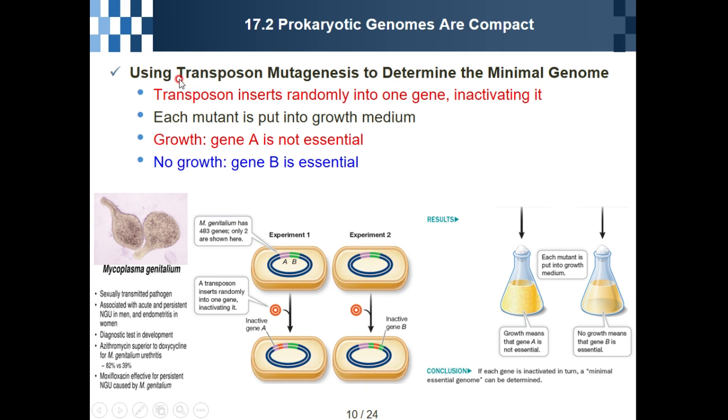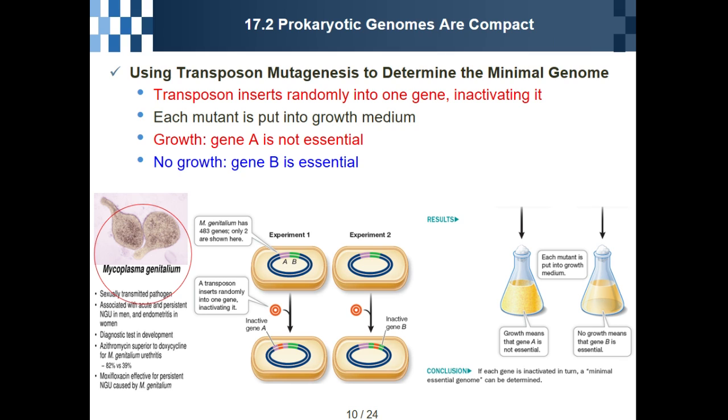People use the transposon for mutagenesis of another organism, to determine the minimal genome. This is one example, Mycoplasma genitalium.